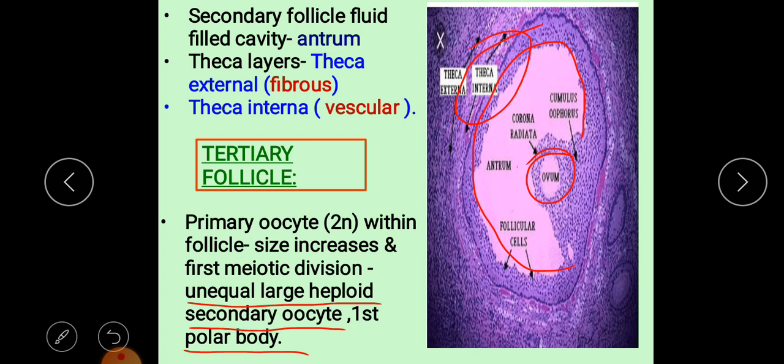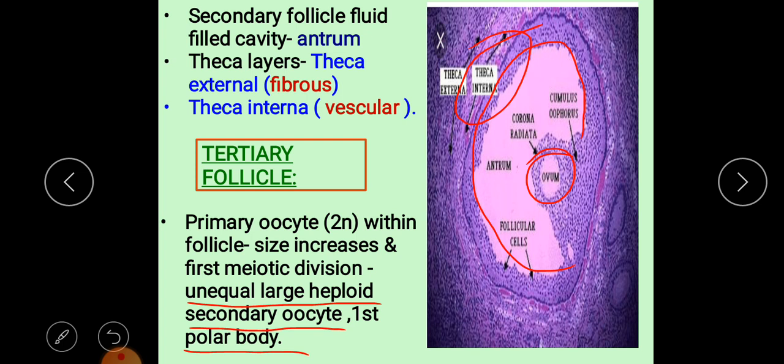The cytoplasm divides unequally: in one cell there is a bulk amount of cytoplasm, that is the haploid secondary oocyte, which is the largest cell, and the other is a very small cell with very little cytoplasm, that is the first polar body. So this is how the changes are observed from the primary follicle to the tertiary follicle.